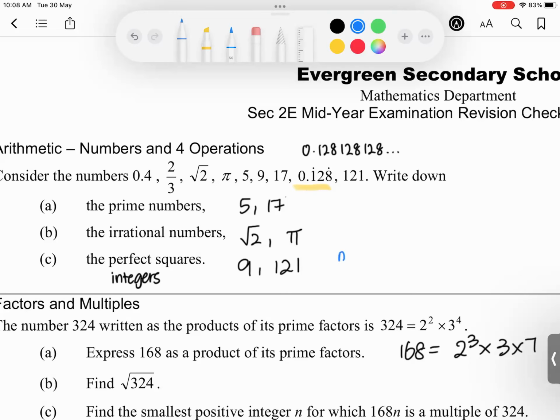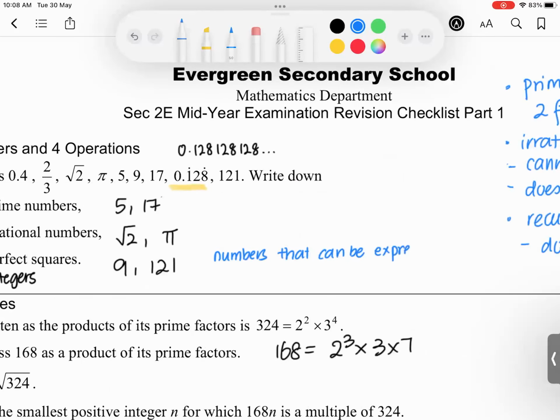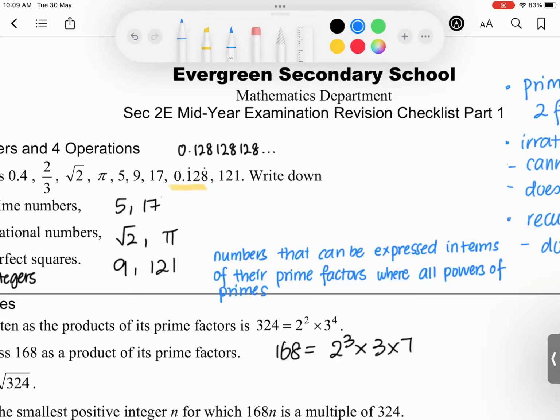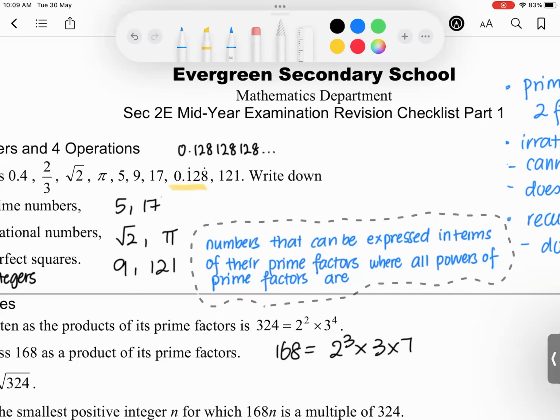Perfect squares are numbers that can be expressed in terms of their prime factors where all the powers of the prime factors are... Anyone can complete the last two parts for me? Can you remember or not?